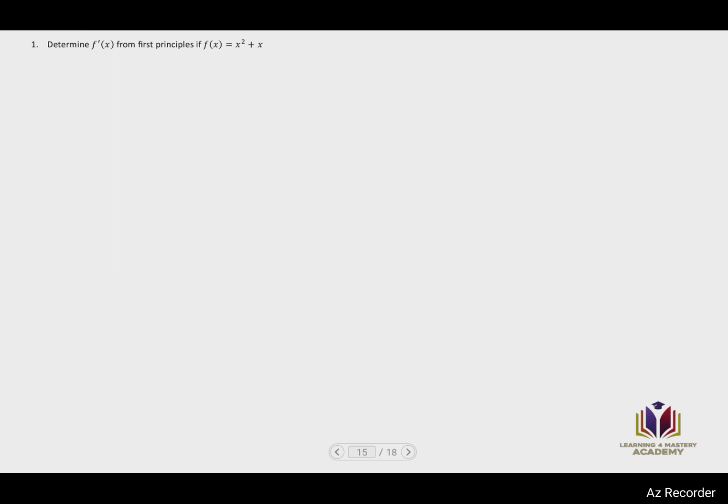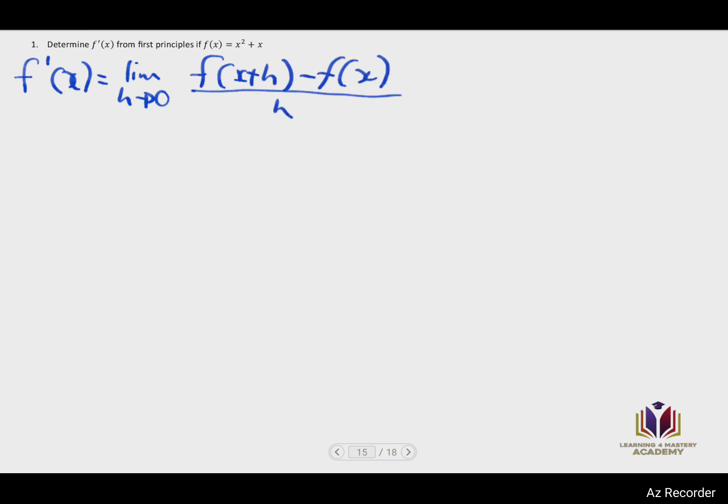So how do we do this? Simple. What I usually do is I copy down the formula: f prime of x equals the limit where h tends to 0 of f of x plus h minus f of x, all over h.